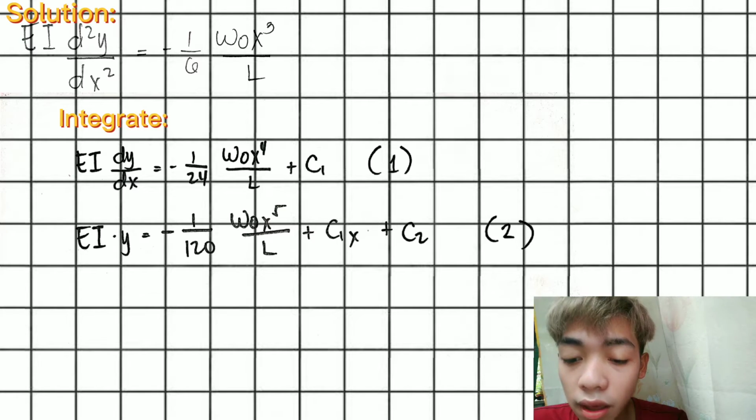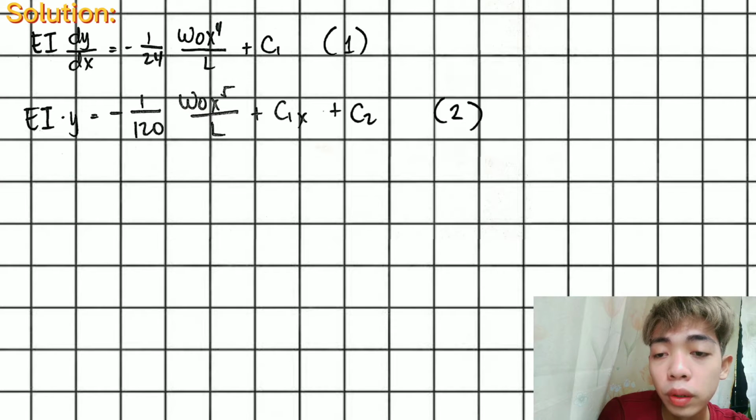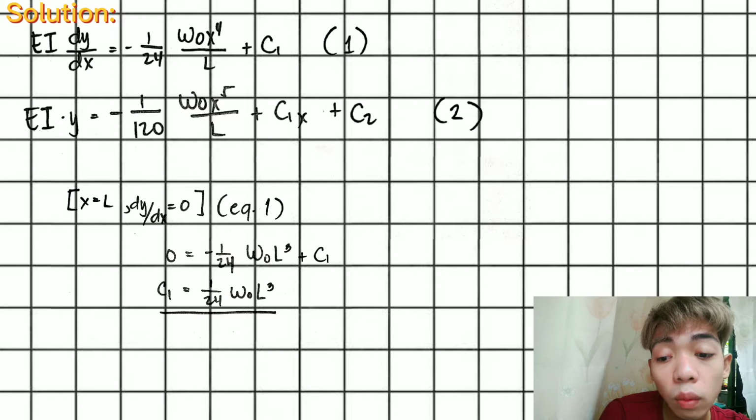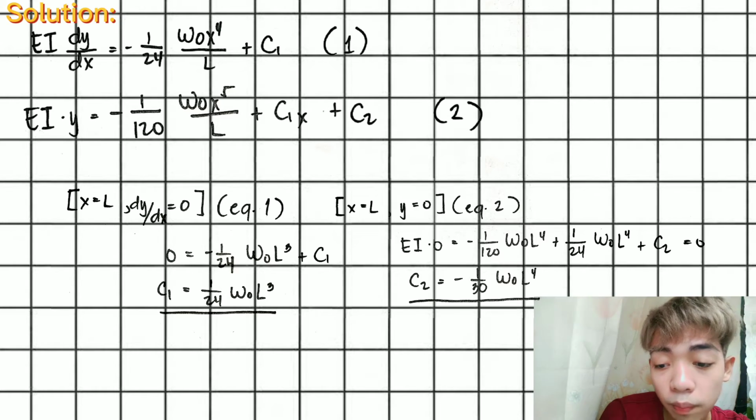That's the second equation. We will apply the boundary conditions. At x equals L, dy over dx equals 0. Substituting this into the first equation, we get C1 equals 1 over 24 W0 L cubed.